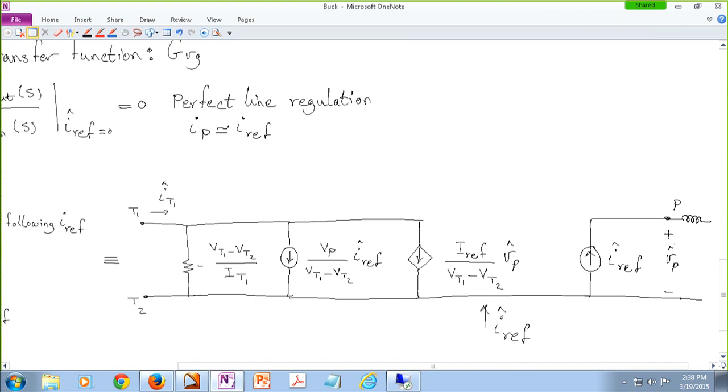Now, okay, I feel like I'm missing a page here.